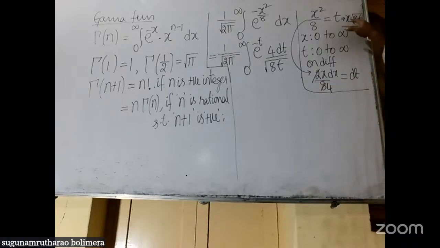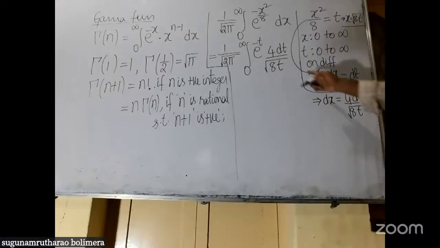Then x will be square root of 8t. Now dx is nothing but 4 dt by x, and x is root 8t. So this I have substituted here.